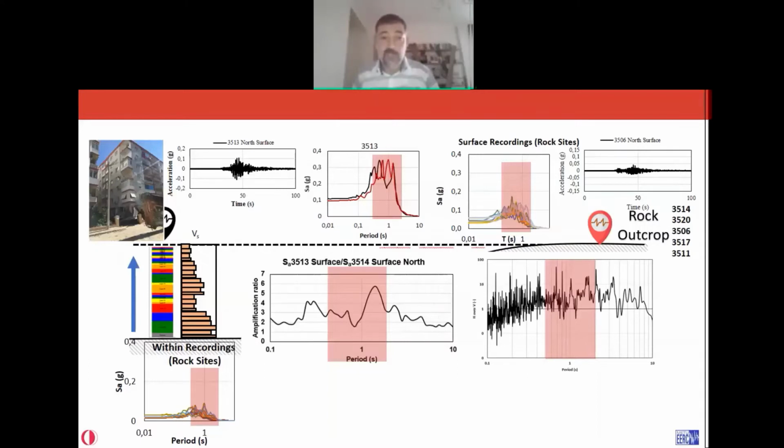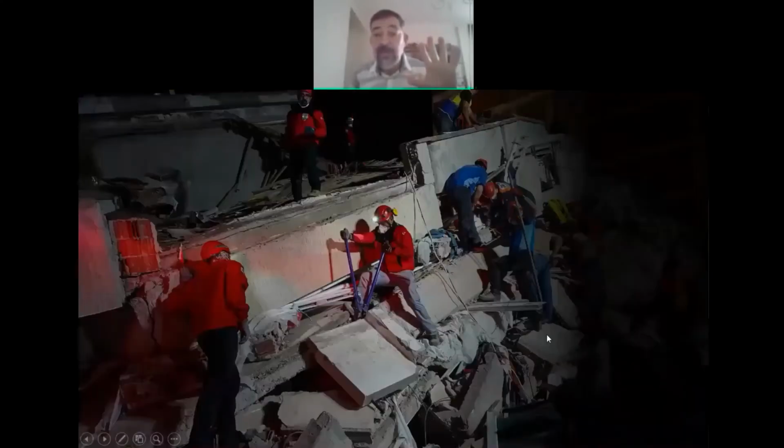So remember, rich long period motion at the source, rich long period rock motions in Izmir, rich long period within motions at 1,500 meter depth, amplified by soil, further amplified by 7 to 9 story buildings that significantly increase seismic demand on the structure.